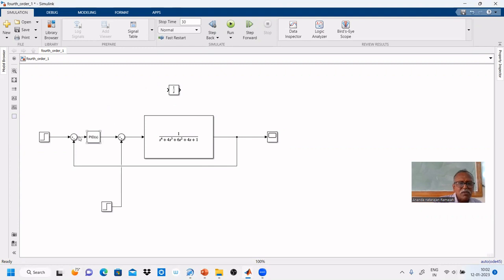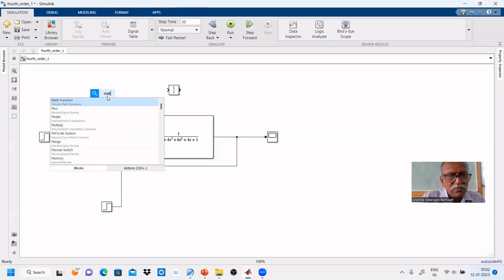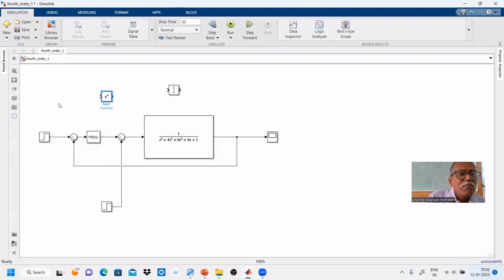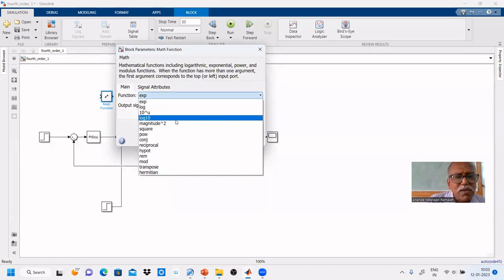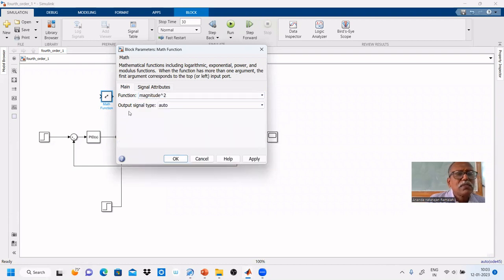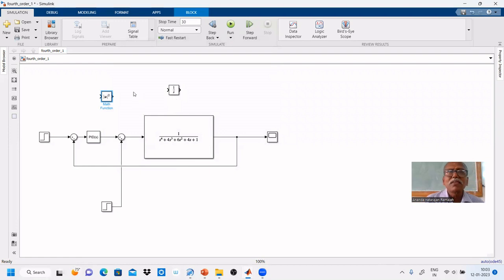The error is available after this summing block. I will take that and square it. To square, I can take a math function block, and in the math function, square is available. Magnitude square, if I select, becomes modulus of U square.